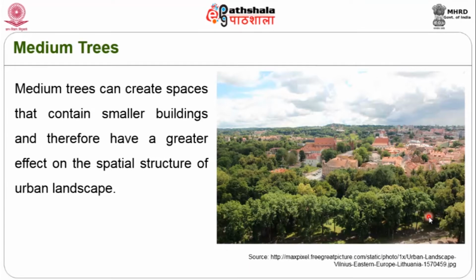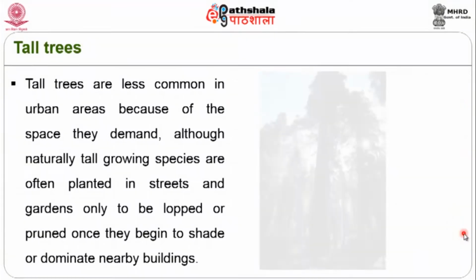But as we go to the medium height trees, the 10 to 20 meter category, the buildings are slightly overshadowed, and it looks like the buildings are a part of the entire landscape which has the medium size trees. So, as the scale grows bigger, it looks as though the buildings are plonked into the tree area. So, they have a greater effect on the spatial structure of the overall landscape.